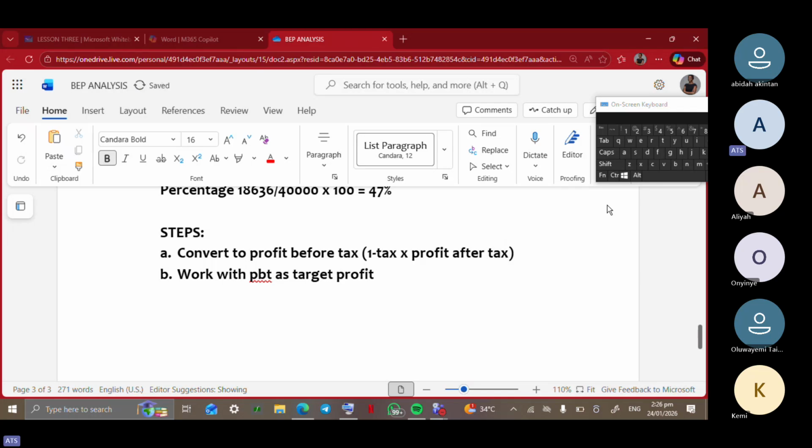So you do 1 minus tax times profit after tax. Let us take these steps now and see. What is our profit after tax? 150,000. So we're going to be doing 1 minus 40% times 150,000. So what would that give you? What's the answer?